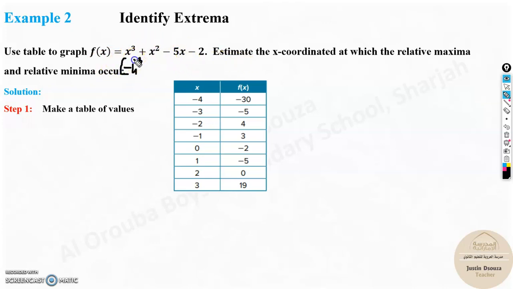You need to use the brackets when you solve, okay? And over here as well, minus 4 the whole power 2 minus 5 multiplied by minus 4, and lastly we have minus 2. Use the brackets, otherwise you won't get the correct answer. If you put this exactly in the calculator, you will get minus 30. Then just change the 4 to 3 and find the other values.